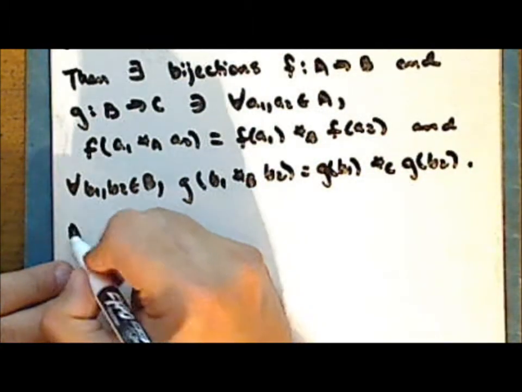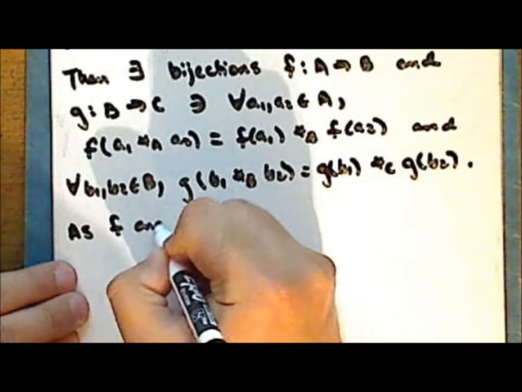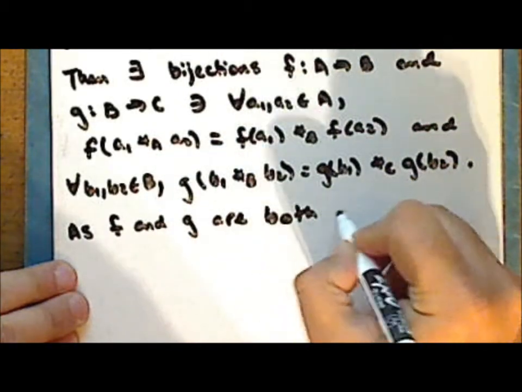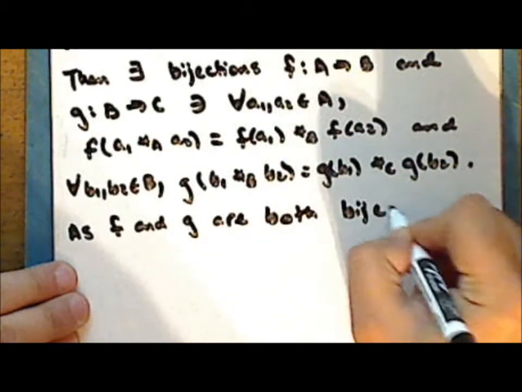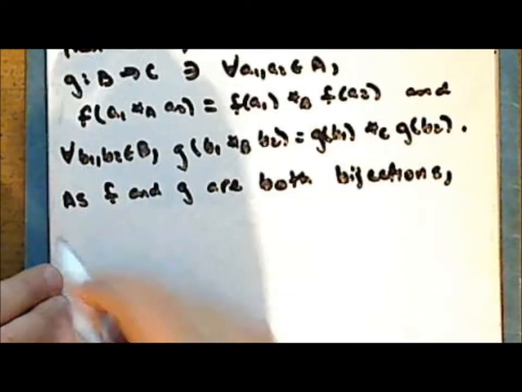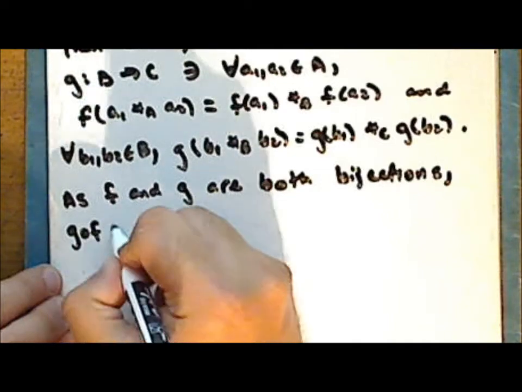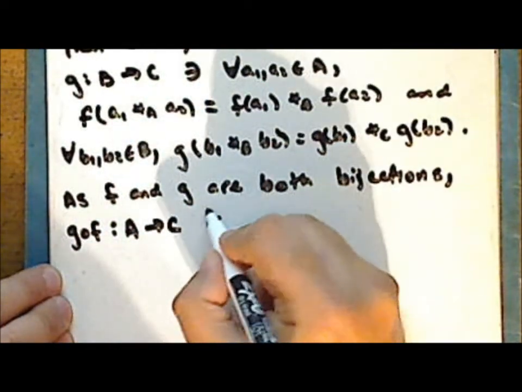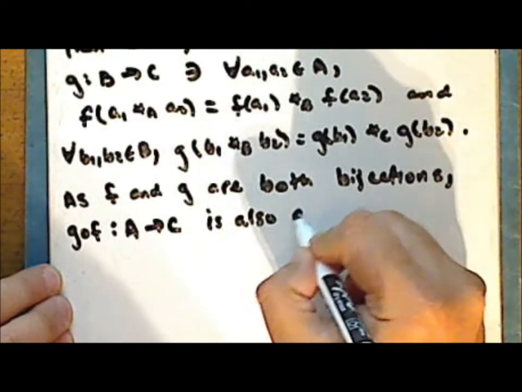Now, as the functions f and g are both bijections, the composition G of f, which is a map from the set A into the set C, is also a bijection.